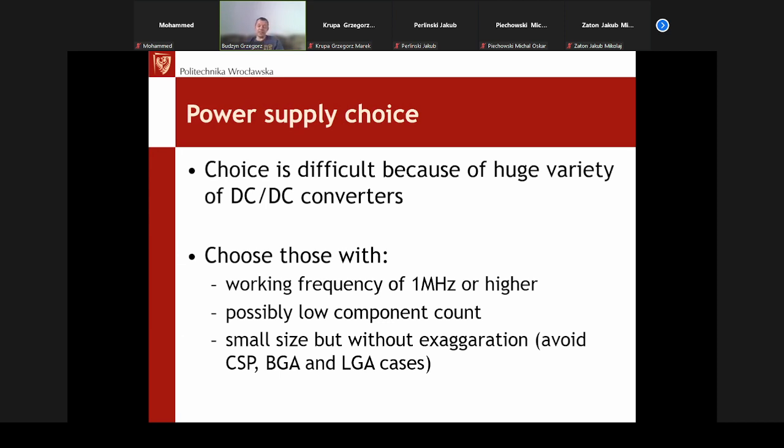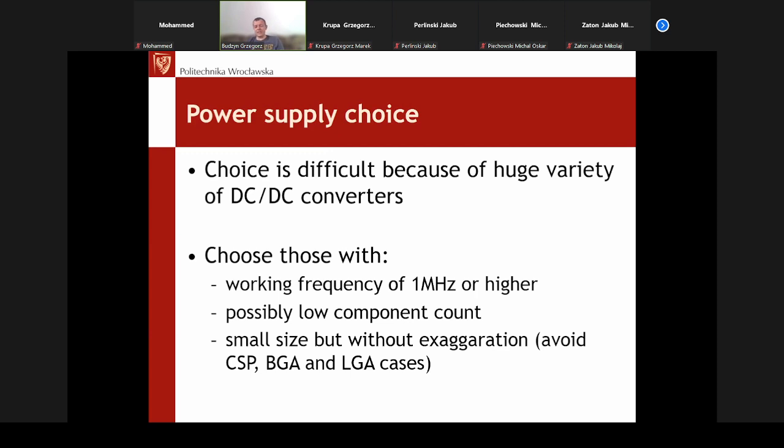Is this really a good idea to go into such a super tiny case? Because with super tiny cases we've got two problems. Problem number one is that they are difficult to assemble, and it's very easy to have an assembly issue with this kind of case, like some short circuit or some broken pin.